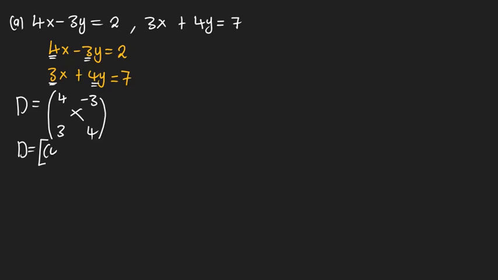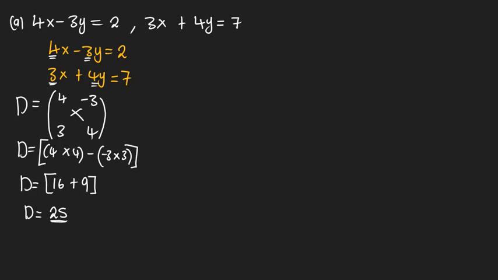This is the determinant of a 2 by 2 matrix, so it is 4 multiplied by 4, then -3 multiplied by 3. We are going to have 16, and this is going to be a positive 16 plus 9. And of course, our determinant is going to equal 25.